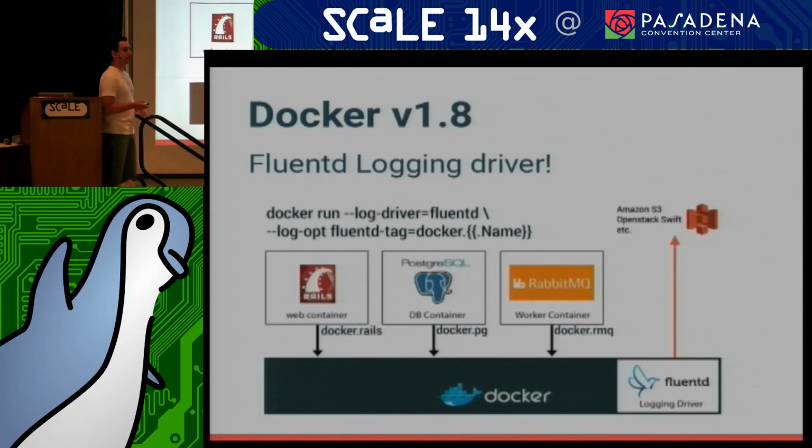That means that now, starting from Docker 1.8, the Fluentd support is there. We wrote a Go driver for Docker. If you get the new version of Docker, it will be there. If you deploy your application, you can use the logging driver Fluentd. You specify the tag, and then it will flush the data to a Fluentd service automatically.